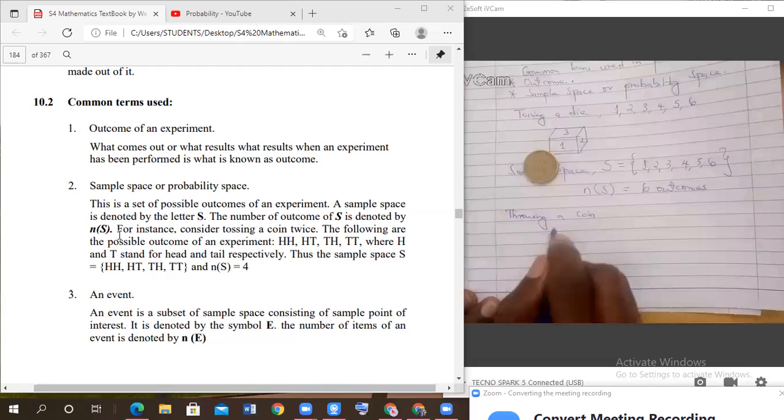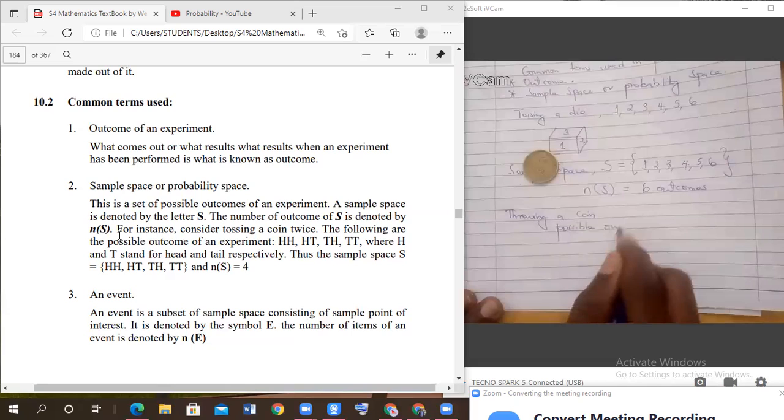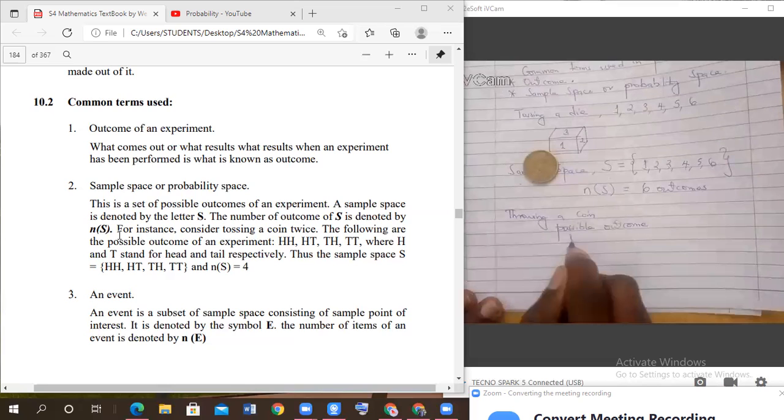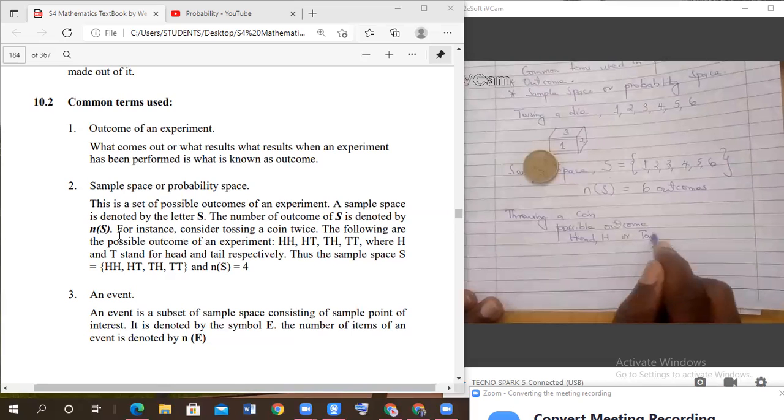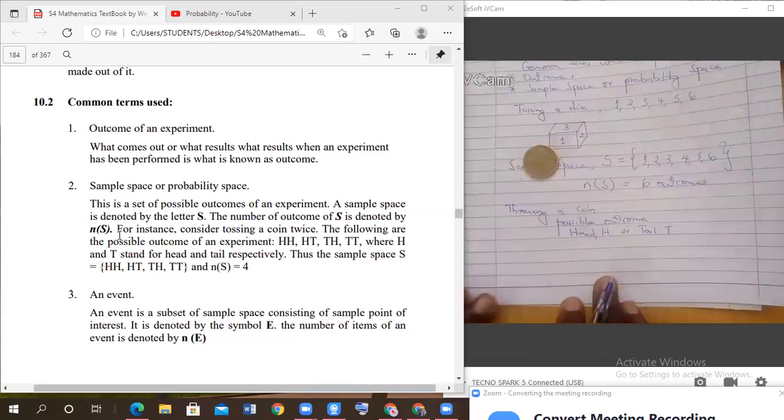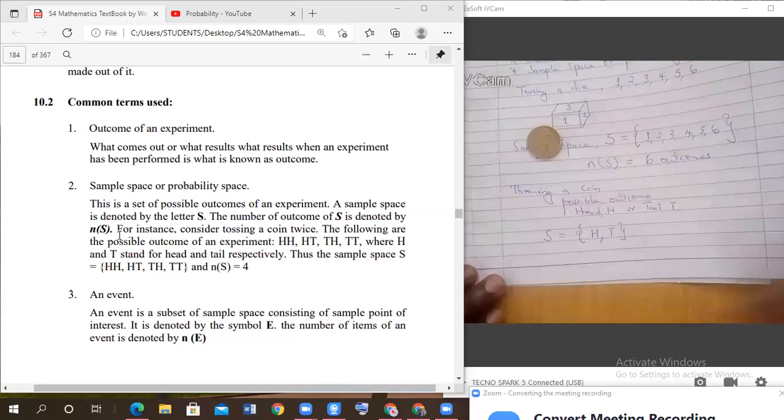So the possible outcomes are either the head or the tail. Which means our sample space will be head and tail. So what's the number of the sample space? It is 2 outcomes.